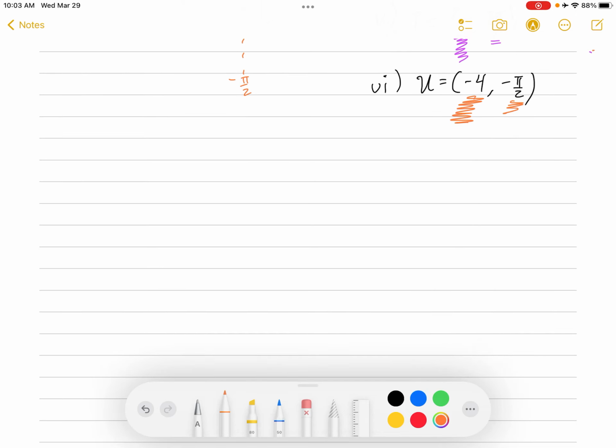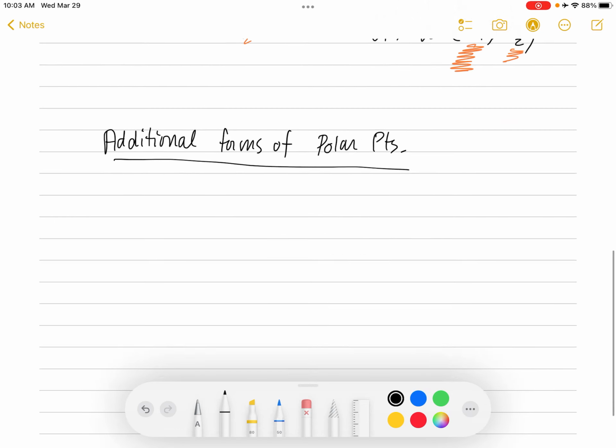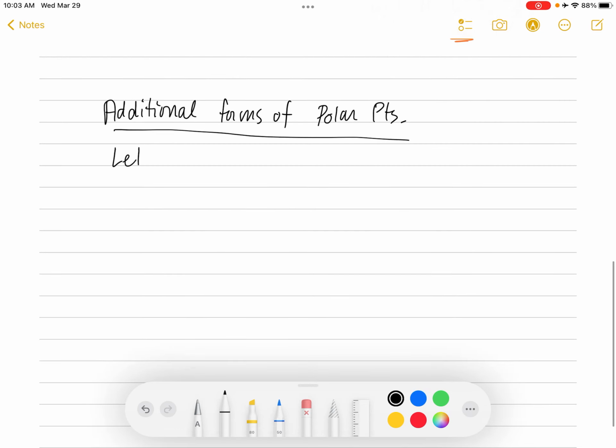All right, so what are we doing next? We're going to learn additional ways to write polar points. It turns out that polar points can be written in more than one way.